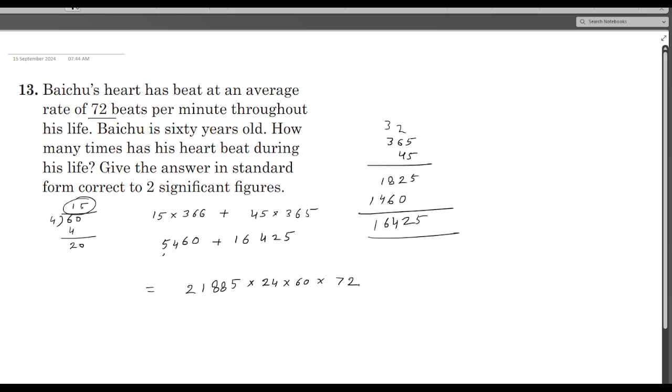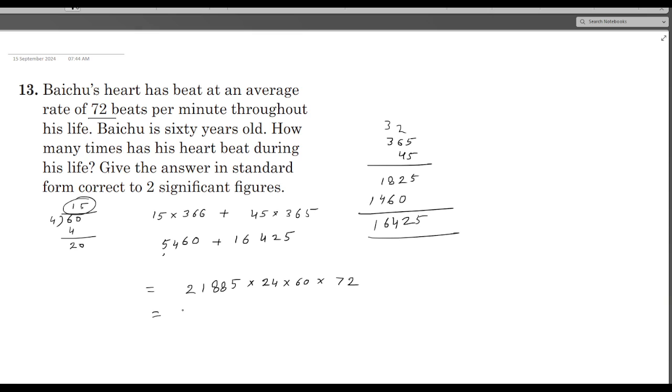Now in this we have a total of 24 hours, and each hour has 60 minutes, and in each minute you have 72 beats. So we have to do this product: 21885 times 24 times 60 times 72.